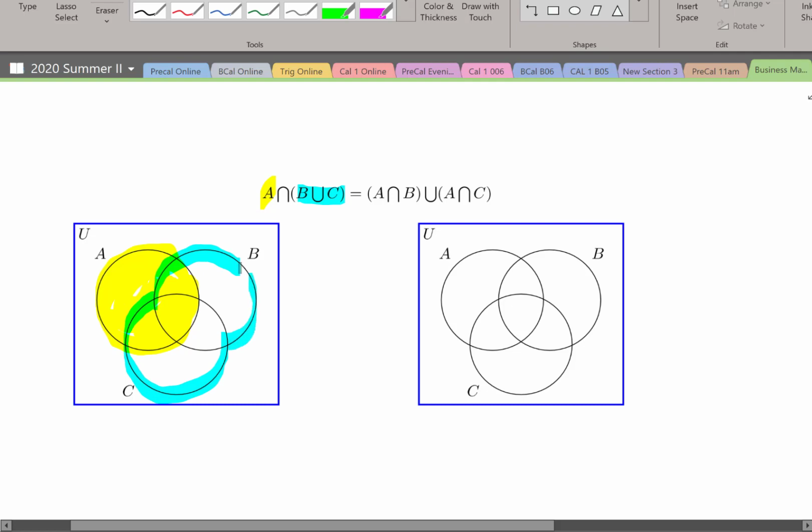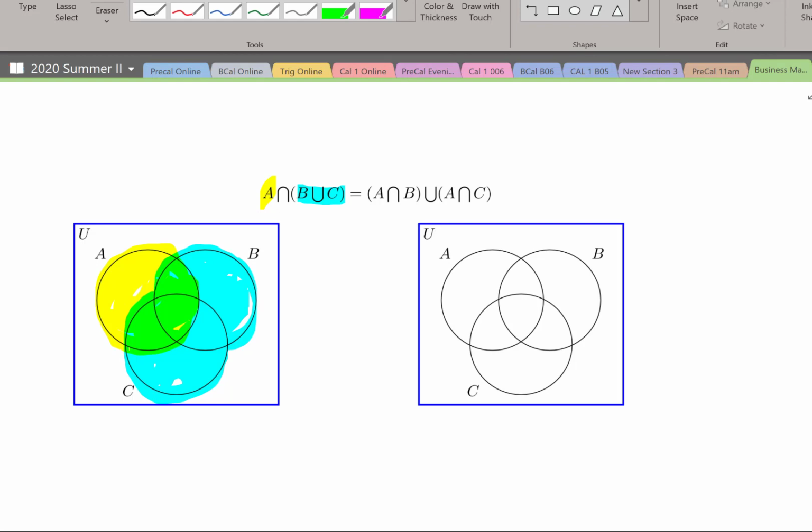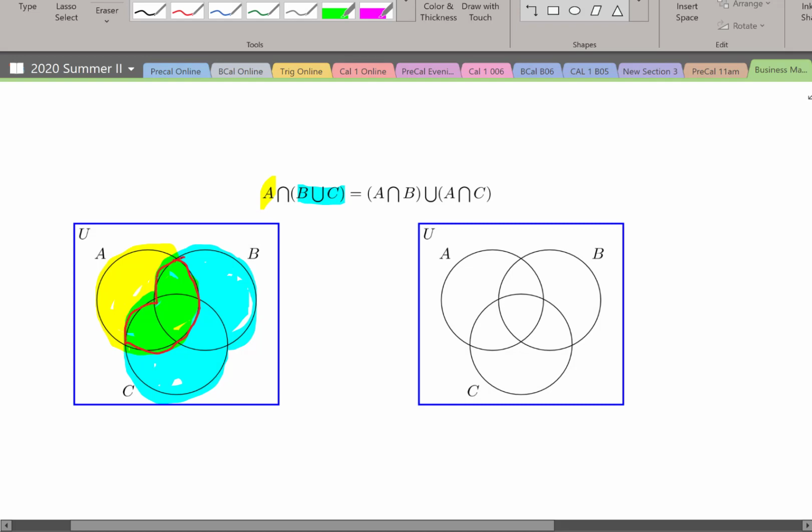They're very similar to the one we did before, but the intersections and unions are pretty much reversed. And you are looking for the intersection of these two highlighted sets, which is everything you see in green right here.